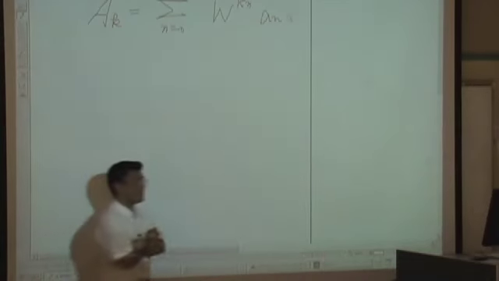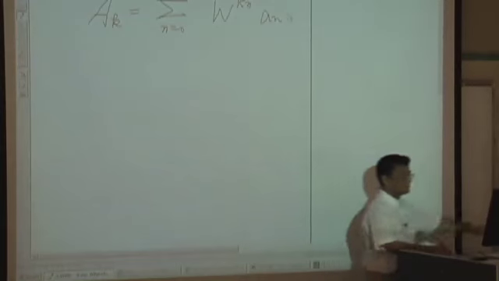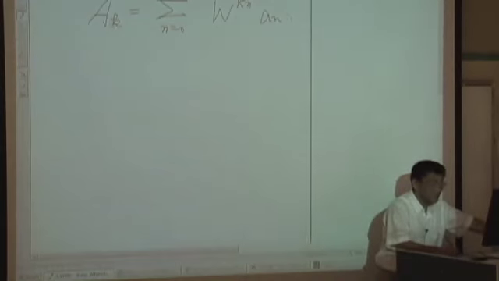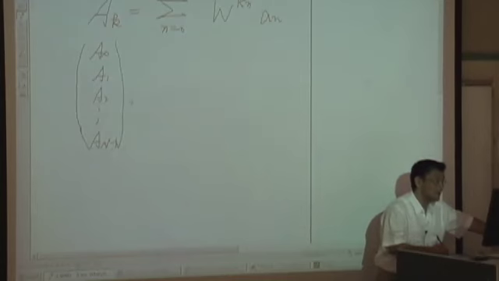So let's do it. In matrix form, we can write these kind of things using capital A0, A1, A2, and so on, right? A_{N-1}, right? And then this portion can be written here.